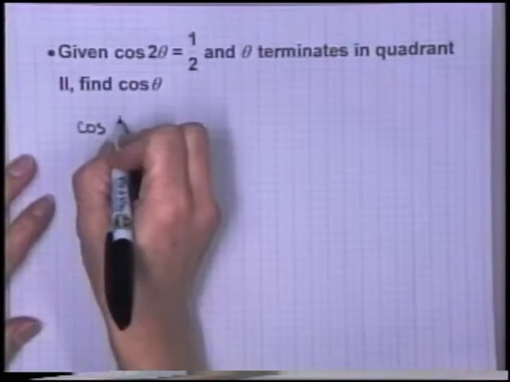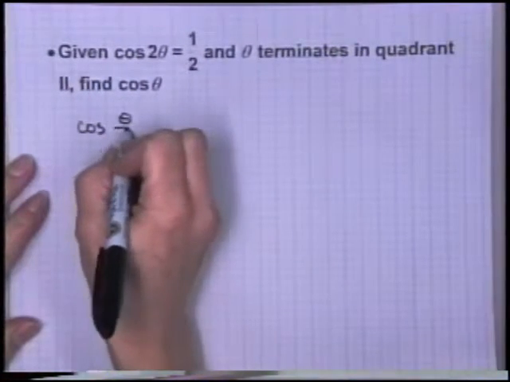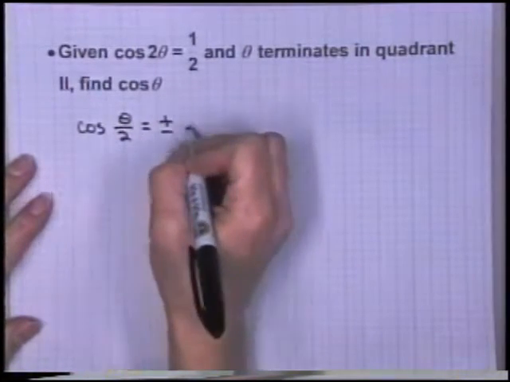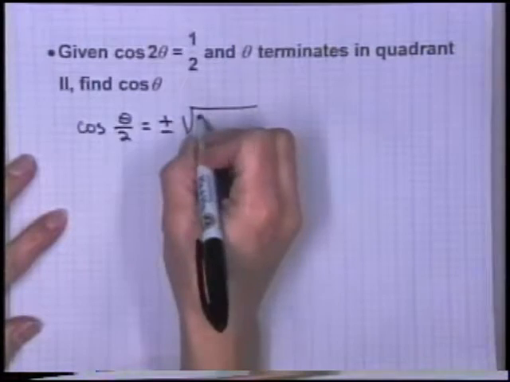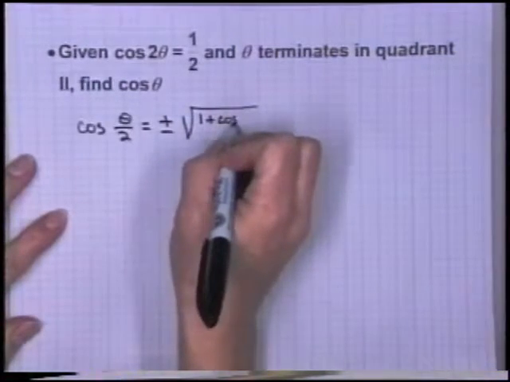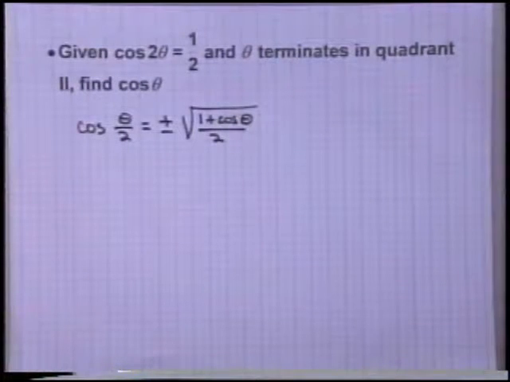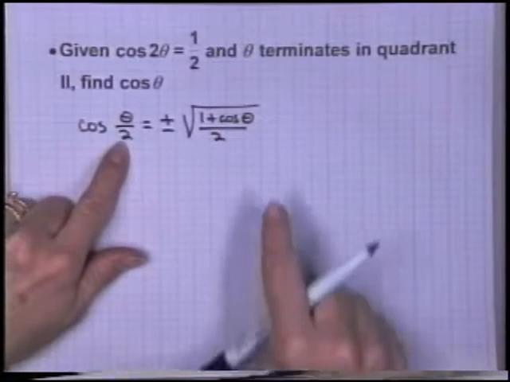I want to put down first our half angle identity that we've been working with. Cosine theta over 2 is plus or minus the square root of 1 plus the cosine of theta all divided by 2. And we have been concentrating in these particular identities with talking about the relationship that exists.